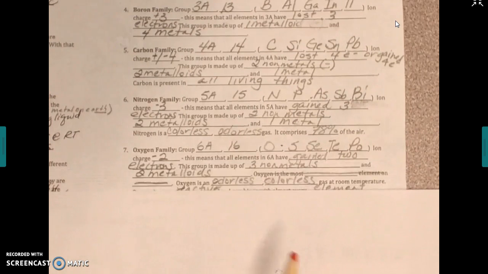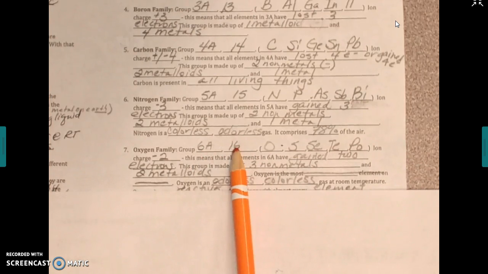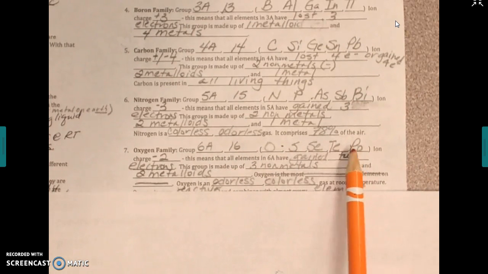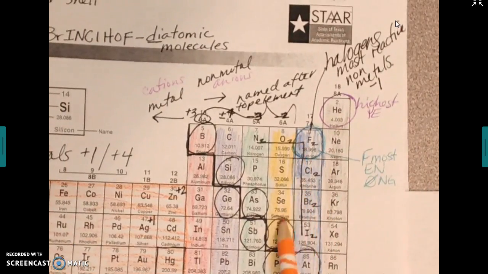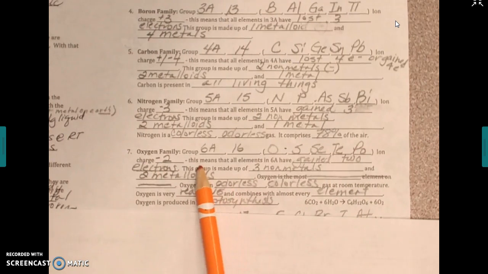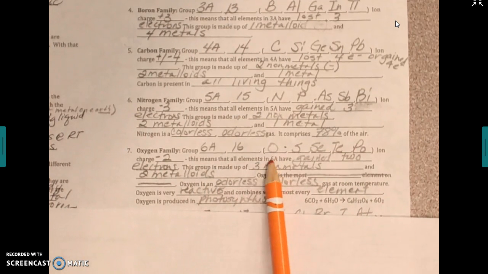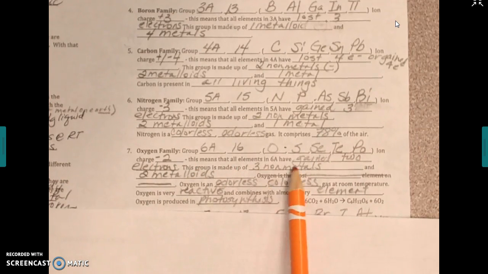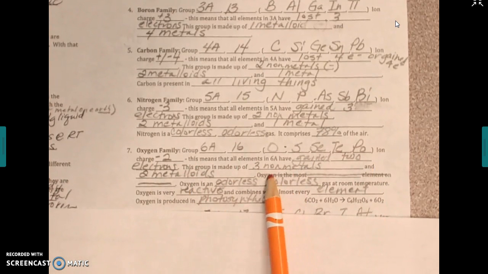Our oxygen family is group 6A or group 16. Oxygen, sulfur, selenium, tellurium, and polonium here. Okay, has a charge of -2. This means that all elements in 6A have gained 2 electrons. This group is made up of 3 nonmetals and 2 metalloids.